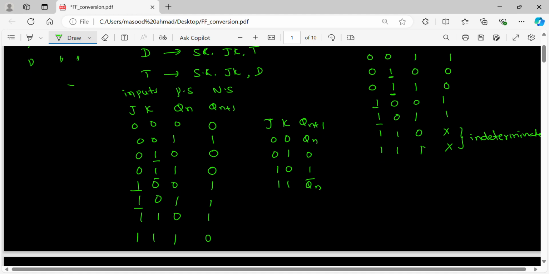Why? It is the input output relation. This is input, whereas this is output, expressed in terms of the present state. What is the output exactly? The next state. So Qn is always the present state, and Qn plus 1 is the next state.